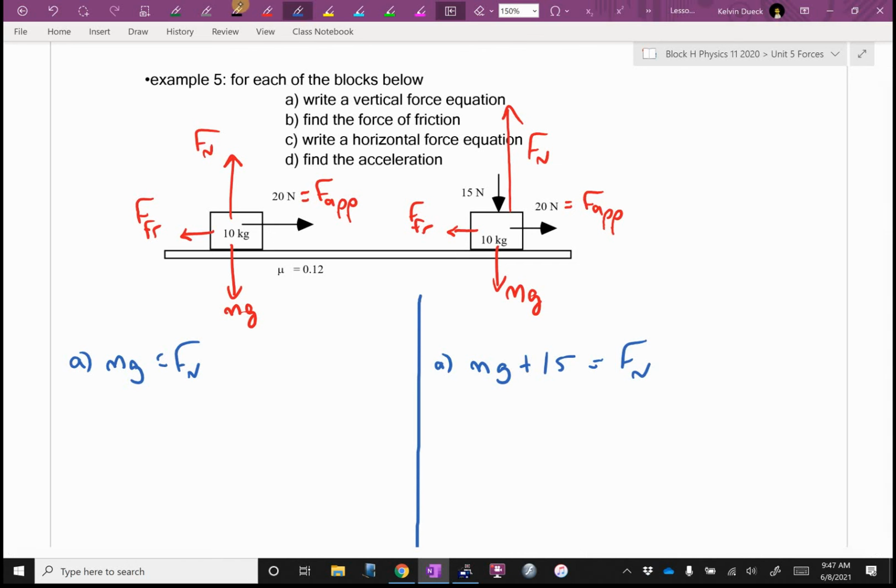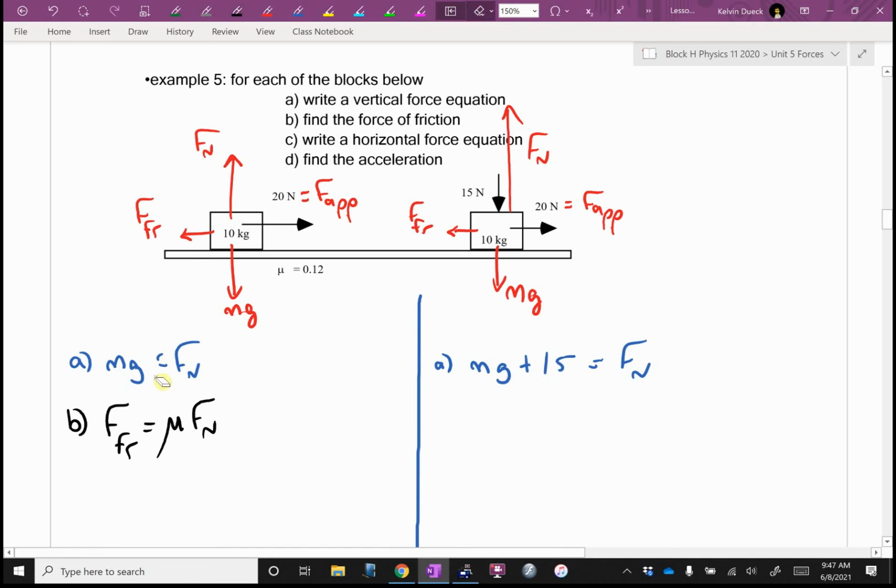What does B want me to do? Friction is what times what? Mu times the normal force. I don't know the normal force. Oh, but look, we've cleverly been given an equation for the normal force.